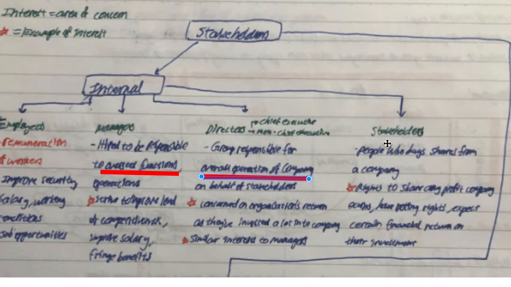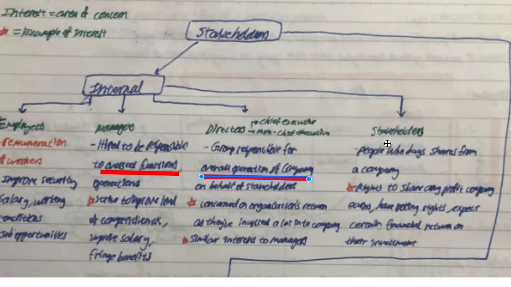Shareholders are people who buy shares of a company using financial investments, by investing into the company, most likely for the long term. Afterwards, they would like to expect a financial yield or growth from the company through their investment.